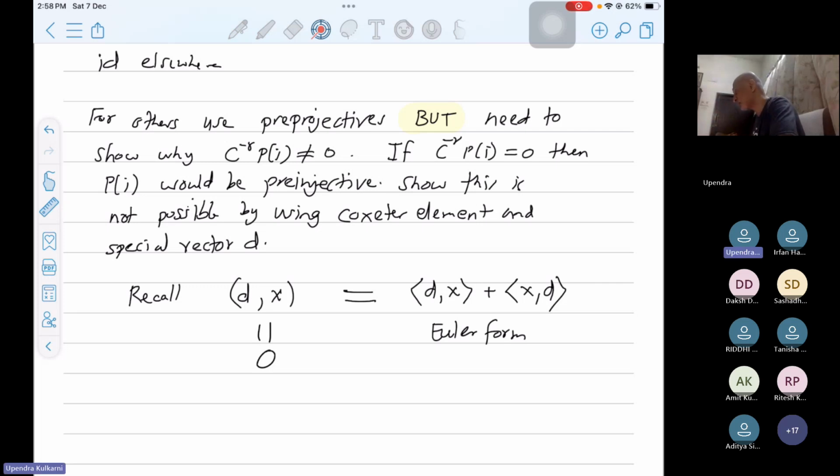So knowing the root systems and how to handle them, at least root systems of type A_n and D4, this much you should be able to do. As for the proof that we did, when we characterized quivers whose form is positive definite or positive semi-definite, that is some combinatorics, and that is also a very nice proof.